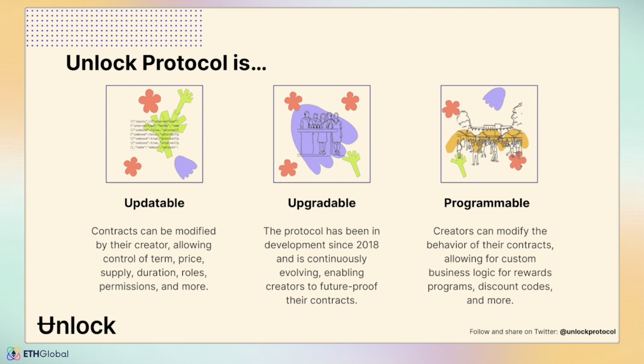For example, that's how we support discount codes on membership. You can say the membership price is $10, but if a user, as they go through checkout, as they purchase their membership, enters a specific discount code, they should only be paying $5 or $8. And that is through the use of hooks, and we'll come back to this in the last section of this presentation.